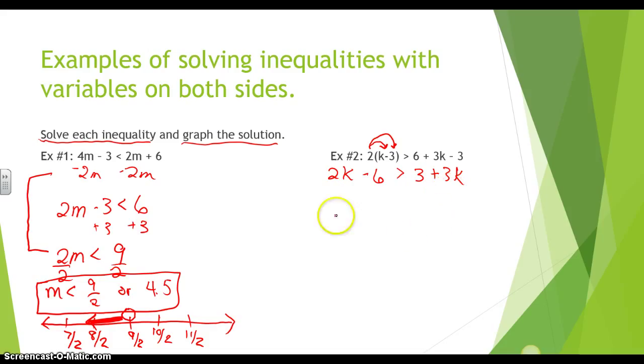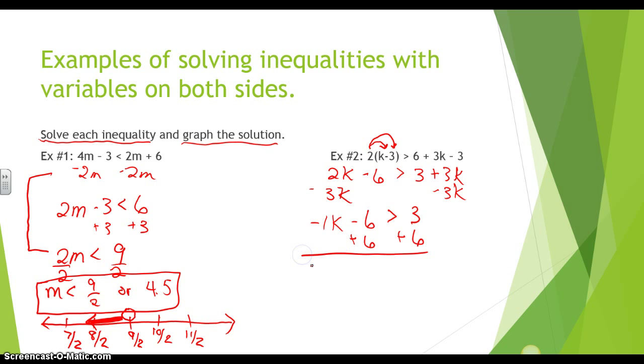So again here, I want to get all the k's on one side, all the numbers on the other. I'm going to move k's to the left, numbers to the right. Again, it doesn't matter if you move k's to the right and numbers to the left. I'm going to subtract 3k first to each side. 2k minus 3k gives me a negative 1k minus 6, which is greater than 3. I now am going to add 6 to each side.